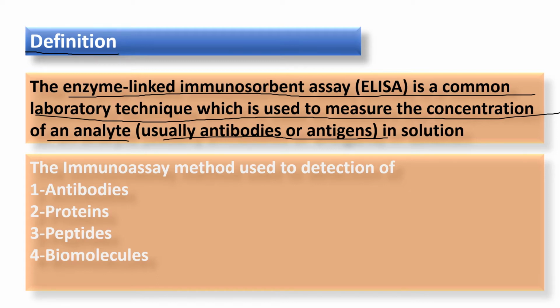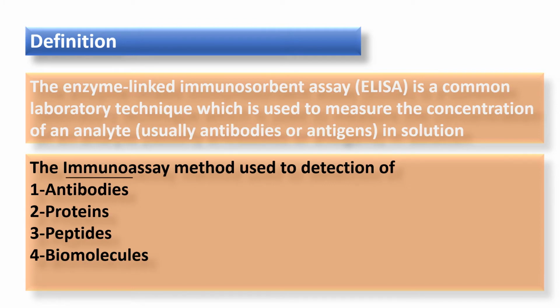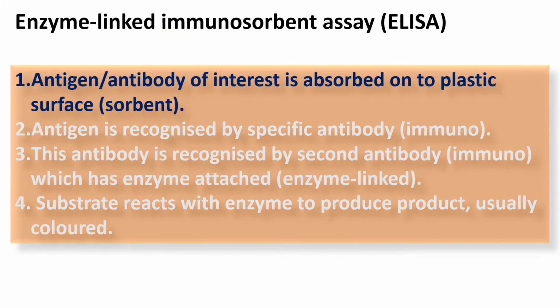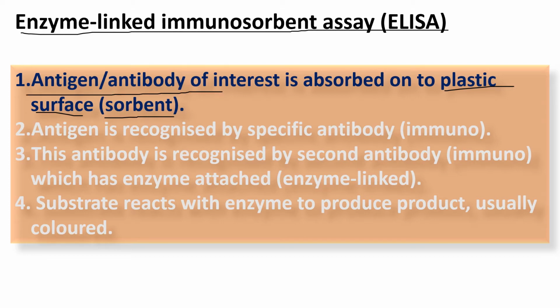Now this is the immunoassay, the method which is used for the detection of antibodies, proteins, peptides, and various biomolecules. Now, what is the meaning of this ELISA? What is the meaning of sorbent? The sorbent here is a plastic surface, and on that plastic surface we attach antigen or antibody.